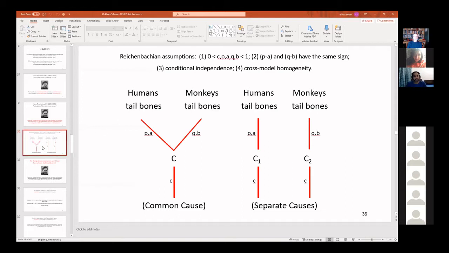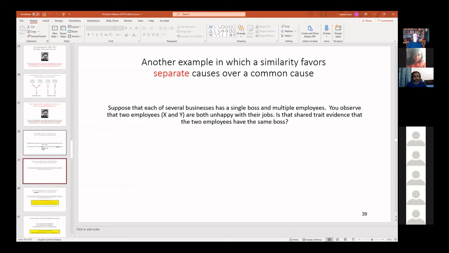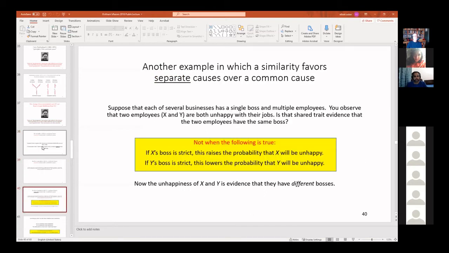A less technical, but maybe more intuitive example is this one about the businesses where each business has one boss and several employees. We look at 2 individuals, X and Y, and the thing that's peculiar about them is that if X's boss is strict, that raises the probability that X will be unhappy, but for Y, it's the opposite.